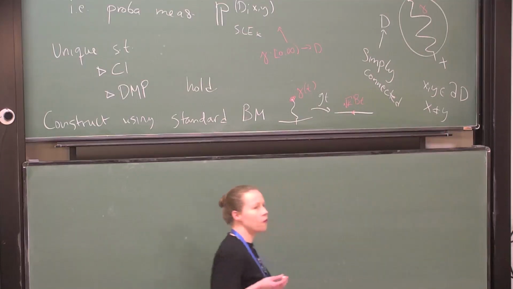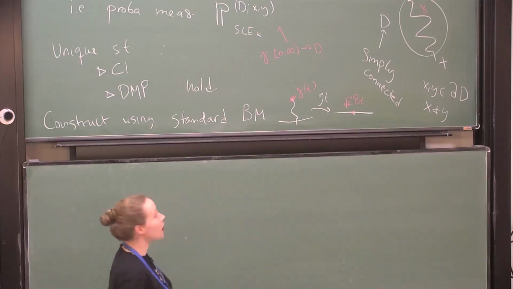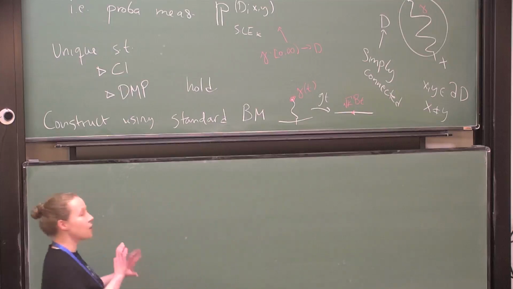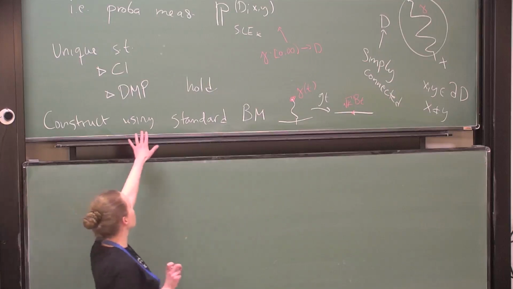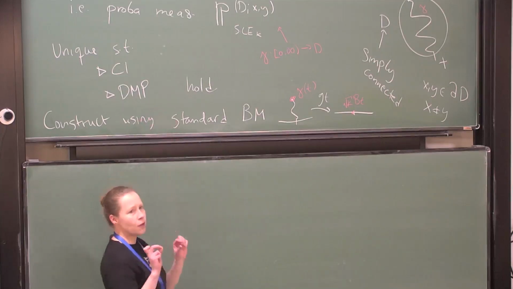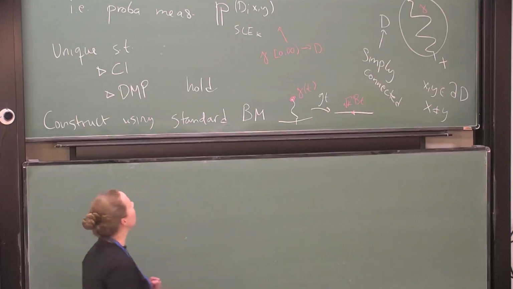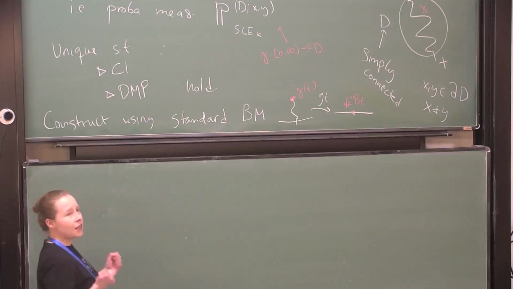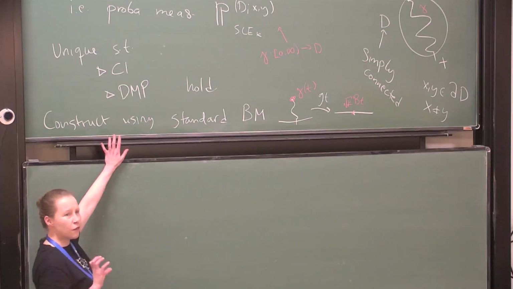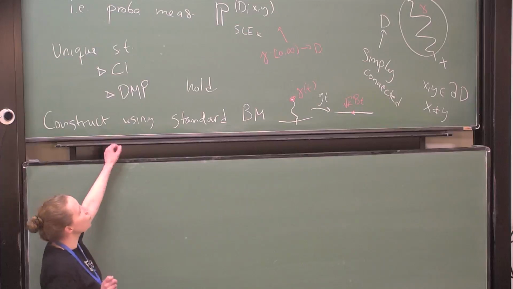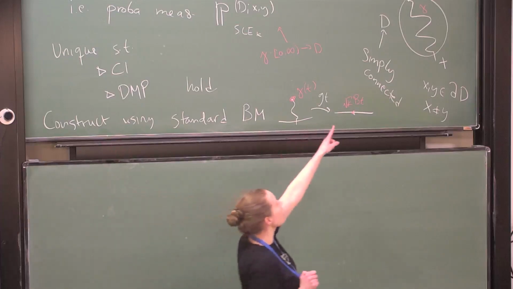I was trying to convince you that this is a universal object in the sense that it's conformally invariant and has this nice Markovian domain Markov property with this exploration idea from the critical Ising model. And if you impose those properties, there's just one degree of freedom left, which is this parameter kappa.